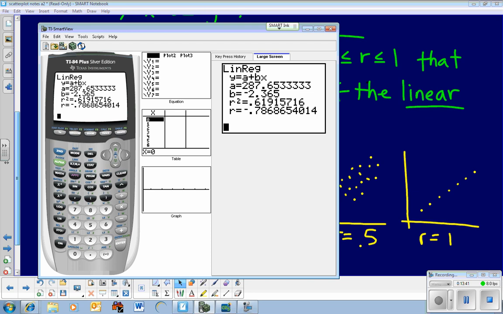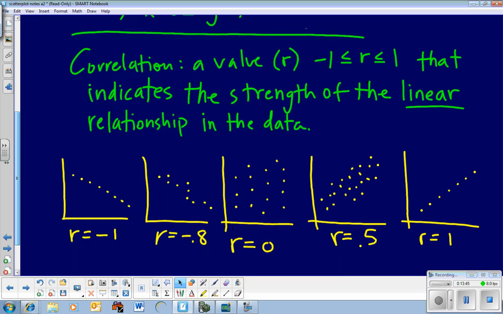So our correlation being -0.78 is fairly strong, and I'll give you breakdowns of what makes it strong and what makes it weak in class. But it's a negative relationship that's pretty close to -1. We'll get into that more later. All right, so that's linear regression.